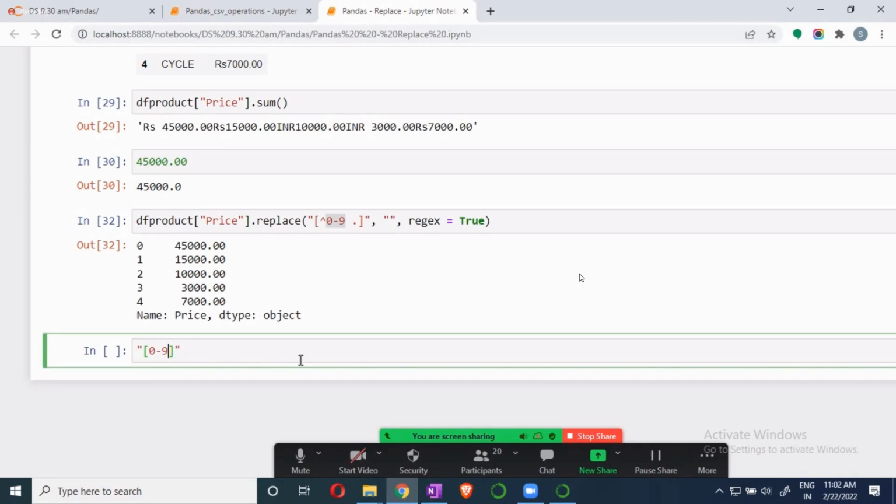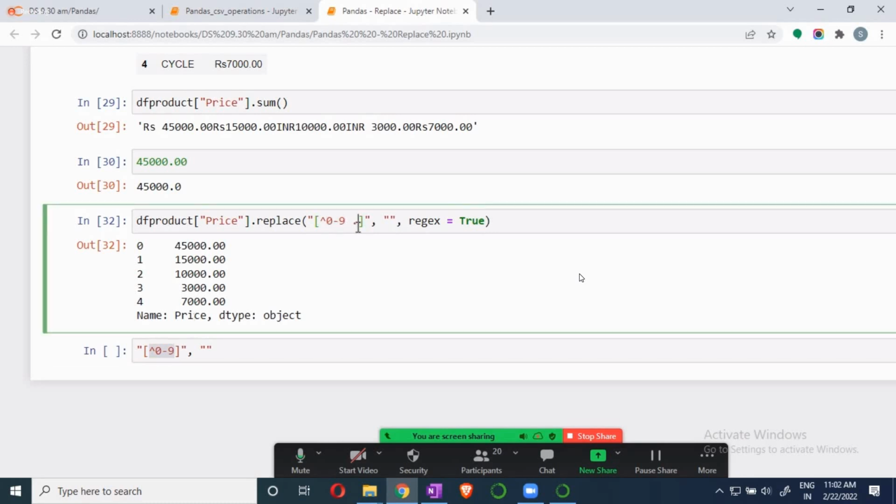Find values from 0 to 9. If I give a caret over here, it says except 0 to 9, remove everything, replacing with an empty string. So if you find anything apart from 0 to 9, remove it.